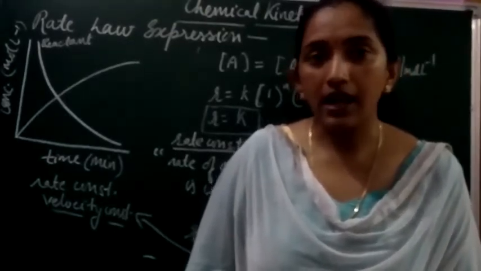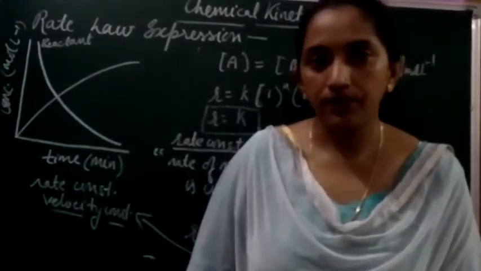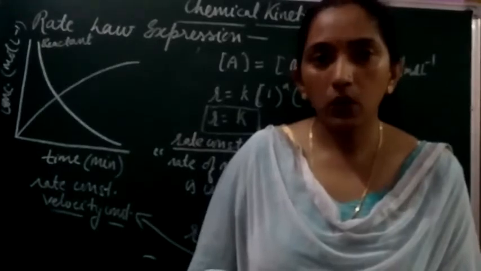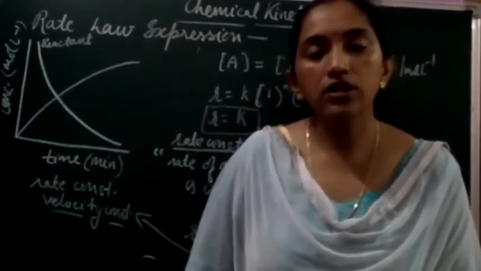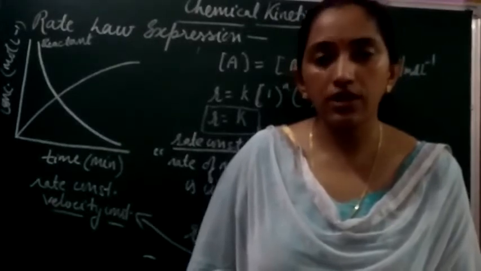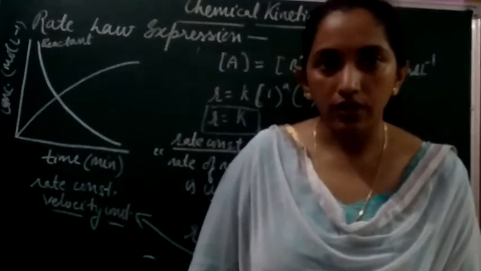Next point is that for a given reaction, if there is a change in the temperature, the rate constant value is also going to change. That means it depends upon the temperature.